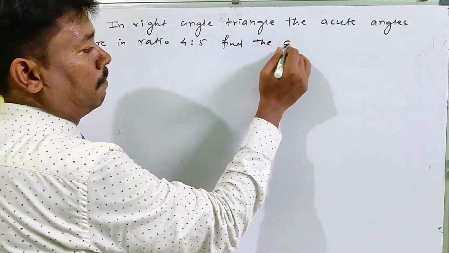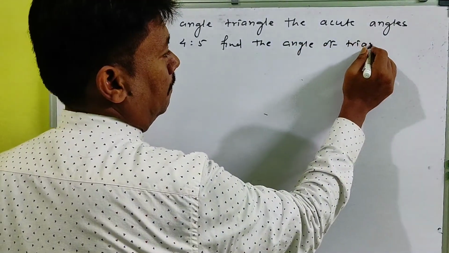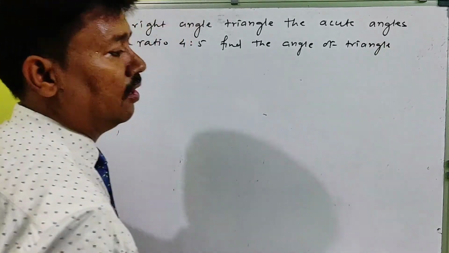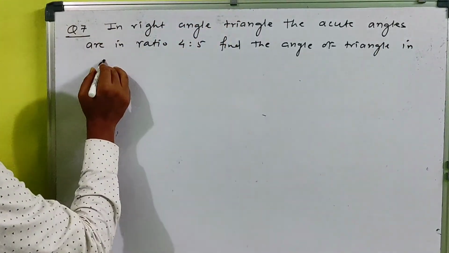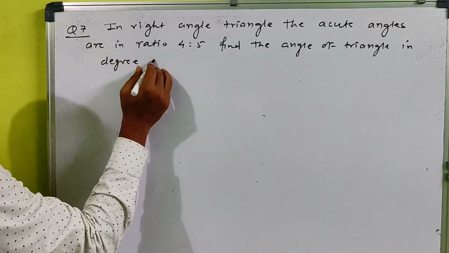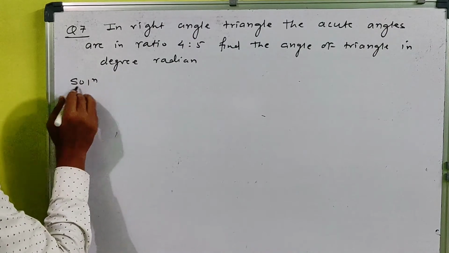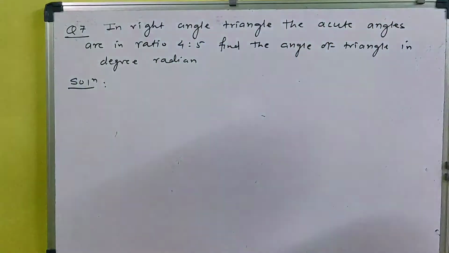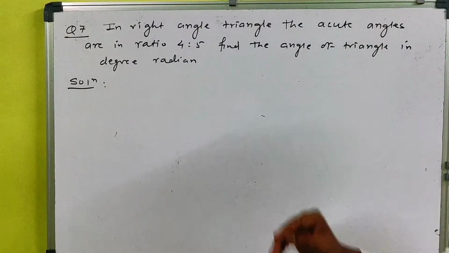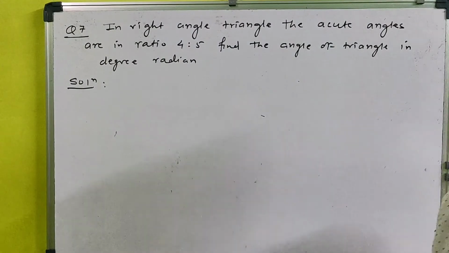Find the angles of the triangle in degrees and radians. In a right angle triangle, the acute angles of the triangle are in ratio 4:5. Find the angles of the triangle in degree and radian.